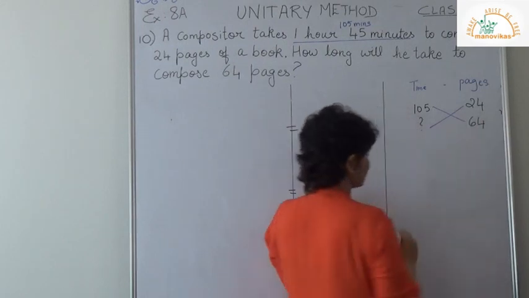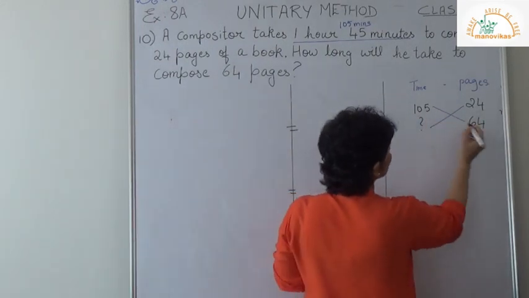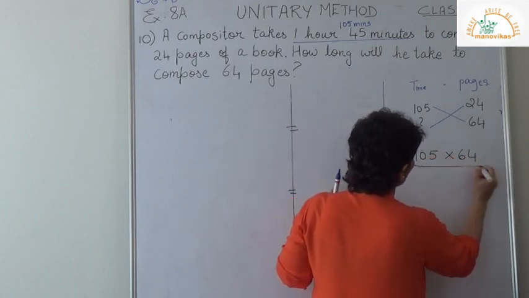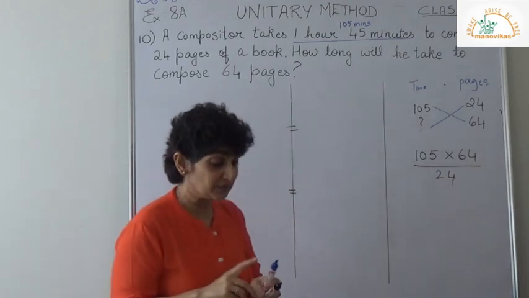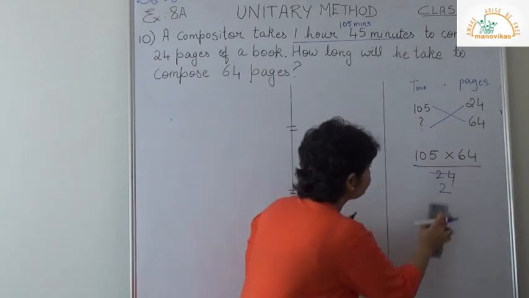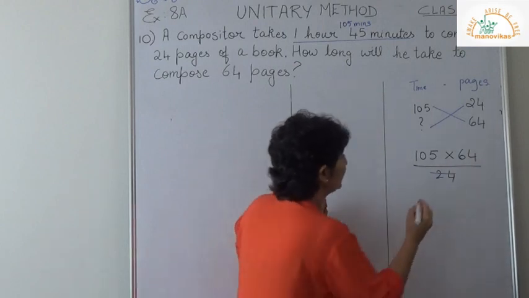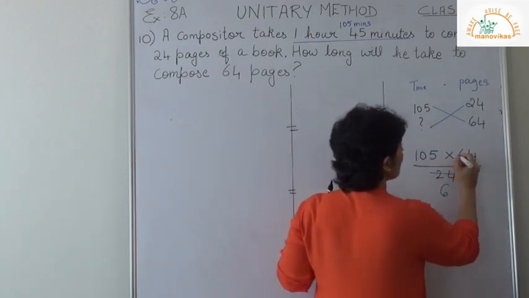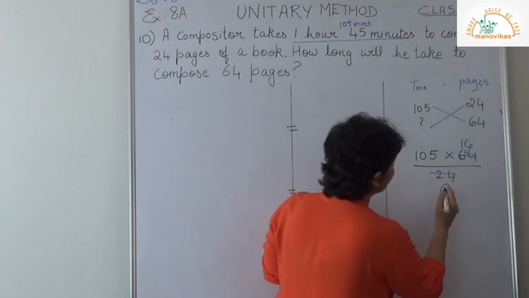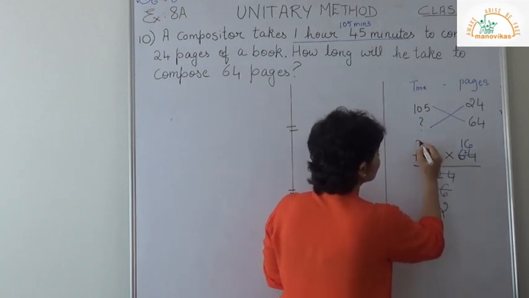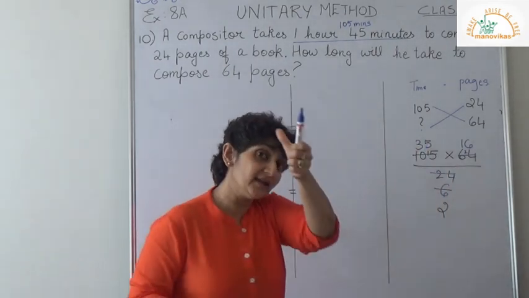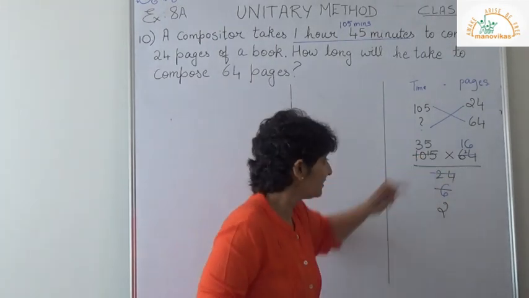Let's cross multiply, correct? Wherever you have two numbers, we multiply. 105 into 64 upon 24. Tables of 12. 12 2s are 24. So we cannot take 12. We take 4. 4 6s are 24. 3 5s are 15.